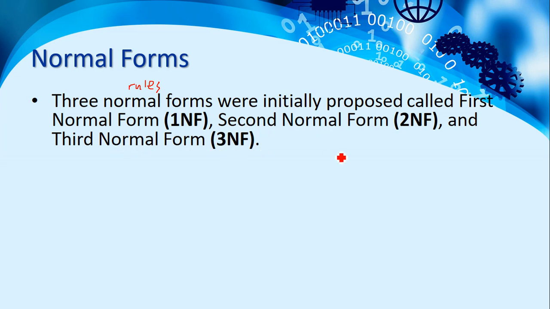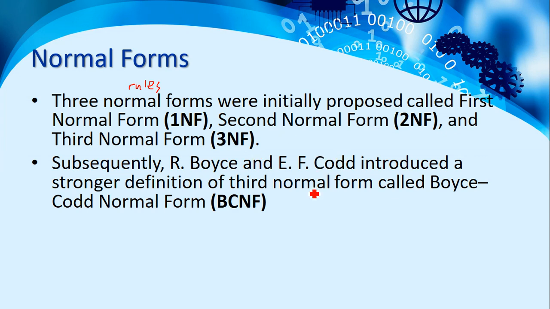Okay, so subsequently Boyce and Codd introduced a much stronger definition of the third normal form. Yung tawag niya ito is BCNF, or this is what we call the 3.5 NF, kasi ano siya, it's a stronger definition of the third normal form.